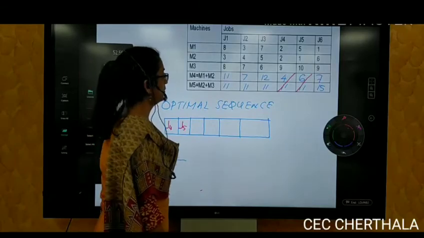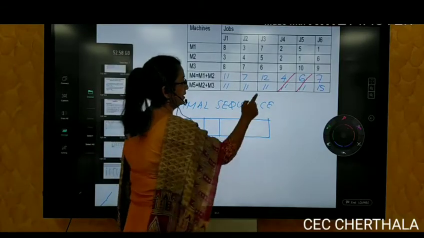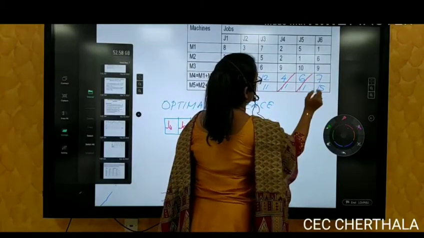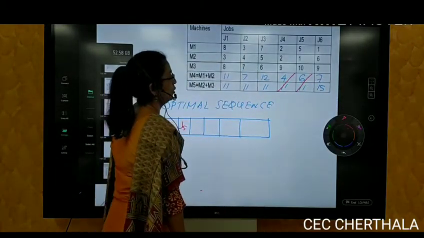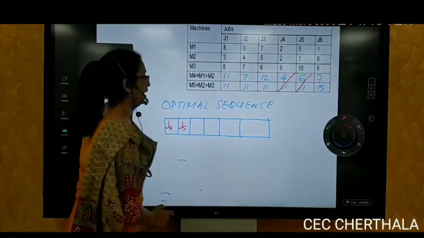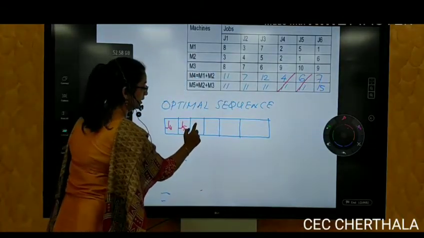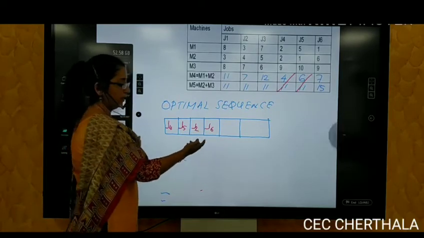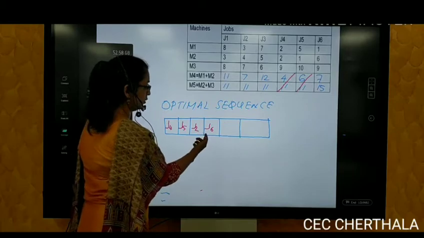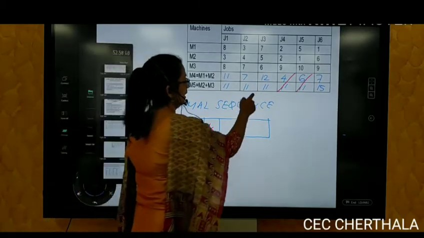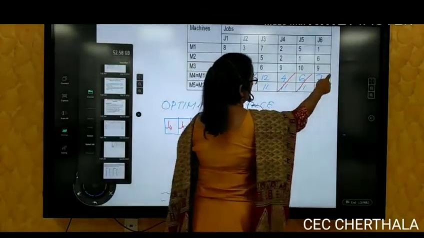Then the next smallest number is 7. One 7 is here and next 7 is here. So do the jobs J2, J6 as in the order J2, J6 from right to left, or we can do the jobs in the order J6, J2 also. So cancel that 2 columns.